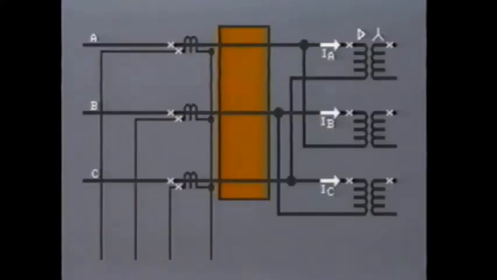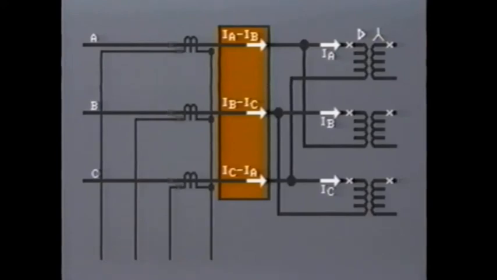Looking at the primary side and remembering that it is delta-connected, we find that the line current in line A is IA minus IB. In line B, the line current is IB minus IC. And in line C, the line current is IC minus IA.